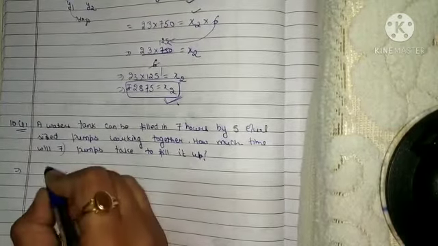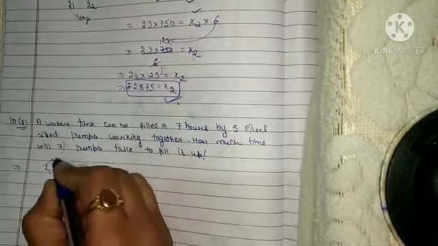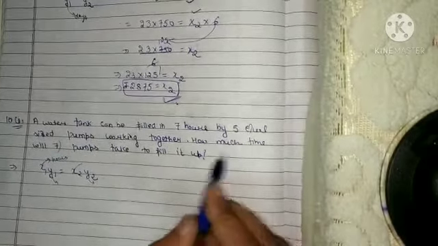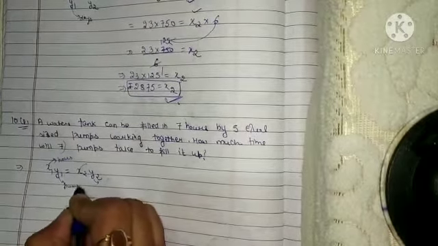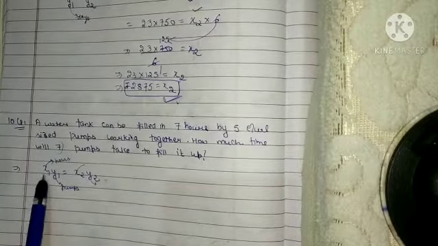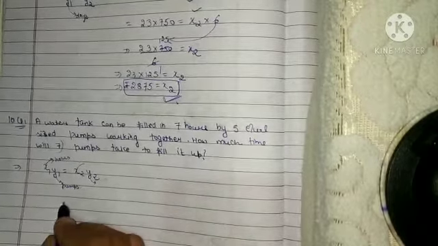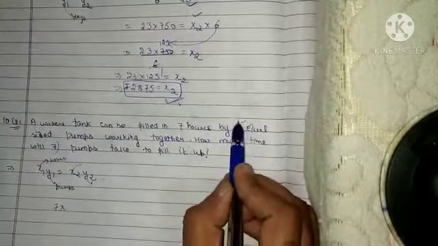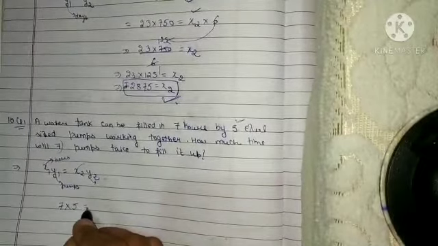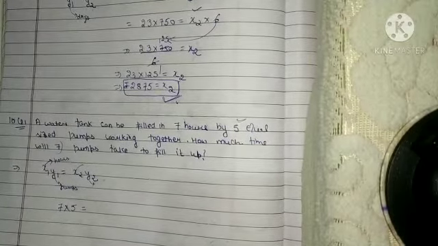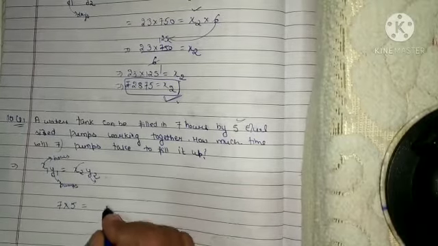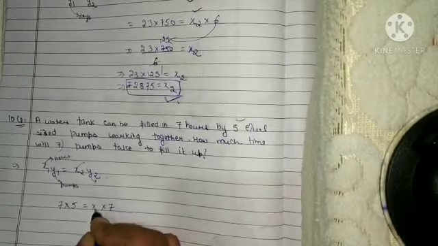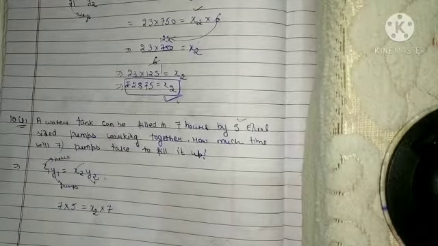I am taking x here as hours, and y here for the number of pumps. The tank takes 7 hours when we are using 5 pumps. Now when he uses 7 pumps, how much time will it take?